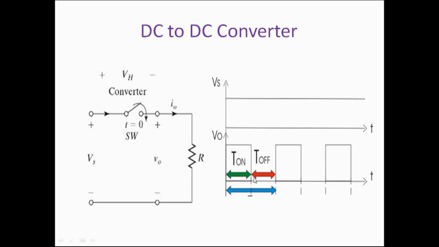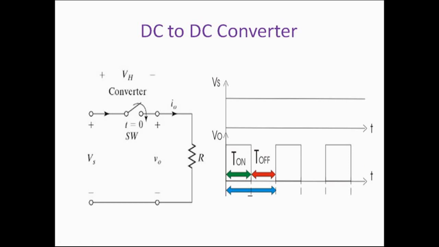If you integrate from 0 to 10 milliseconds, the voltage is 10. From 10 milliseconds to 20 milliseconds, 0. So if somebody asks what average voltage is delivered to the load, it is only 5 volts. So 10 volts we can convert to 5 volts in this way.